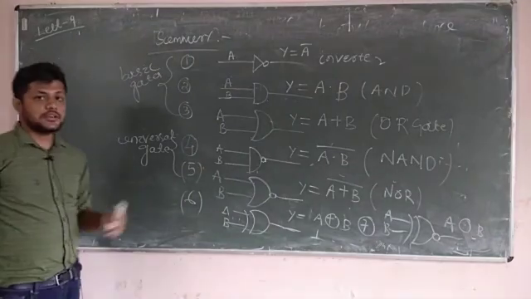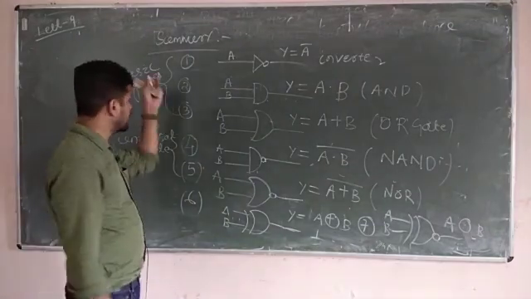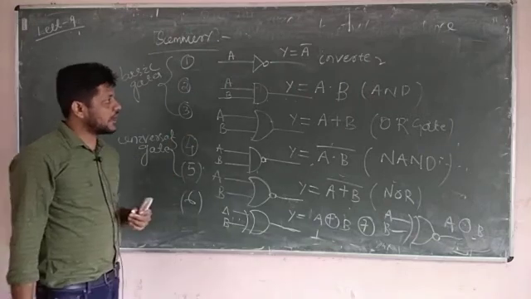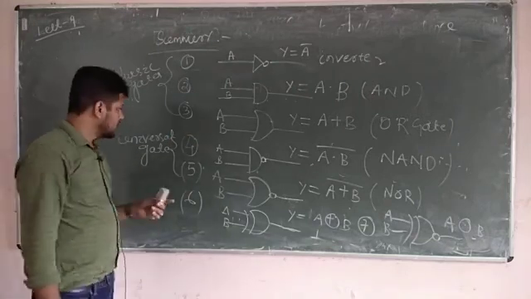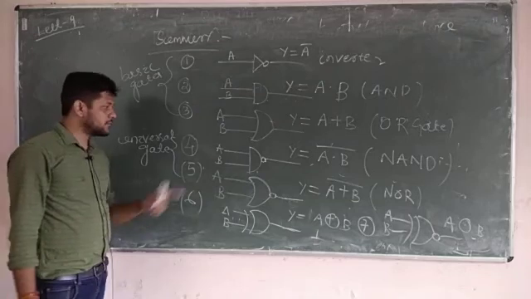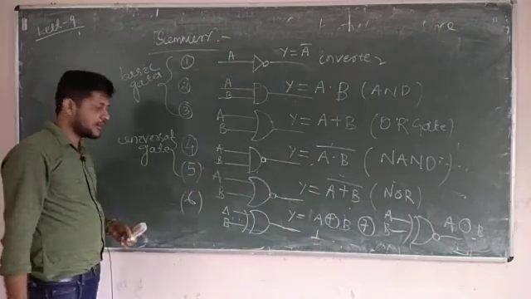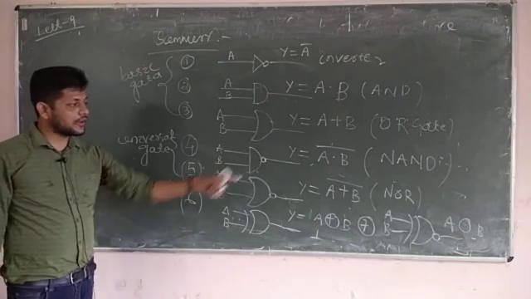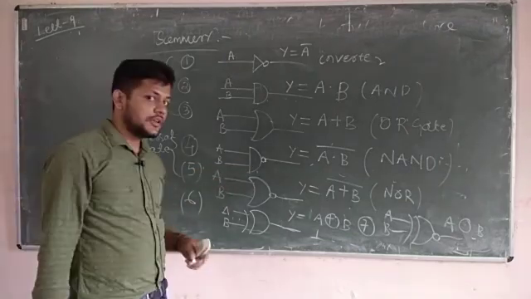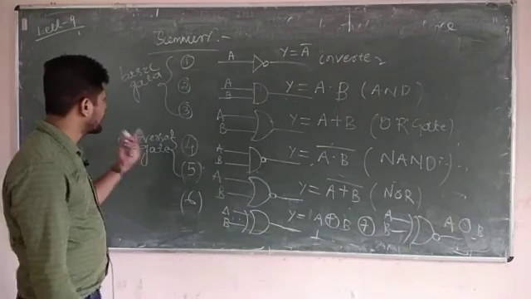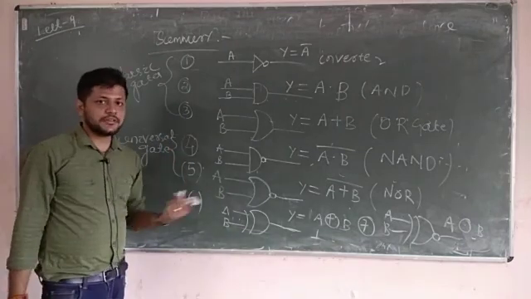So in total we have studied 7 gates, out of which 3 gates are basic gates, that is your inverter, AND and OR gate. Then we have studied universal gates, that is NAND and NOR. Then we have studied 2 important gates, that is exclusive OR gate and exclusive NOR gate. So in total we have studied 7 logic gates in digital electronics.